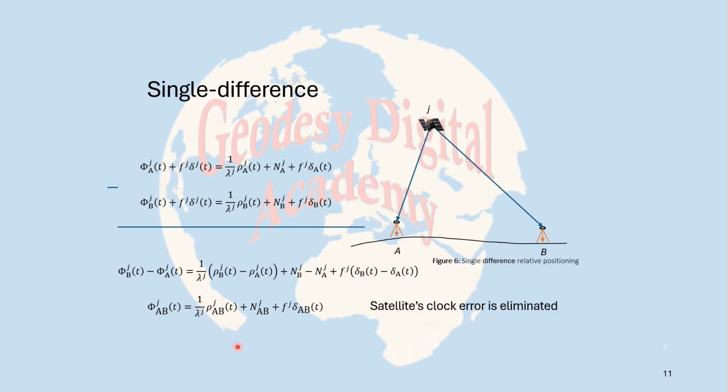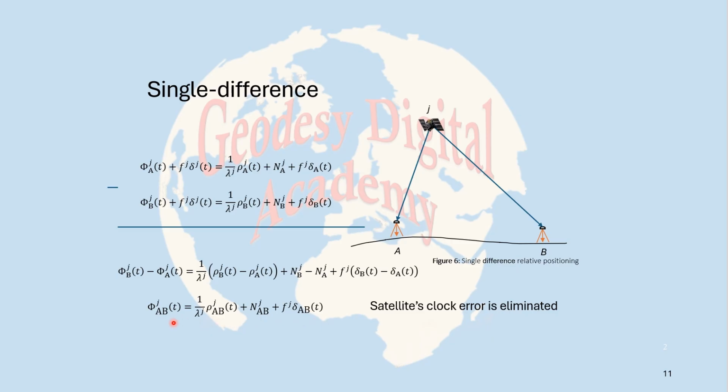But how can we determine the coordinates for point B? This quantity here contains both coordinates of point A and the unknown coordinates of point B. So we have three unknown coordinates here, and we have an ambiguity parameter, and also the difference between the receiver clock errors in both points or both receivers.